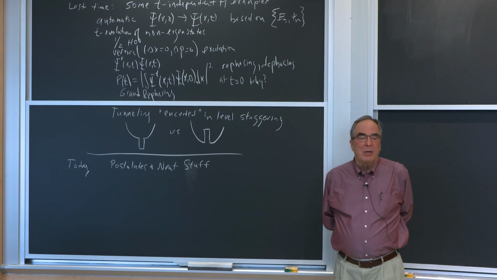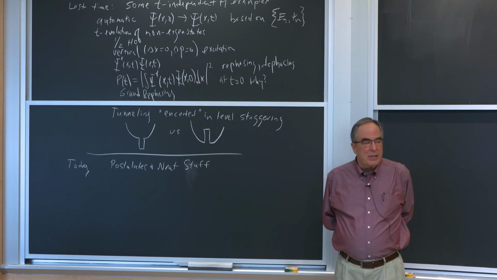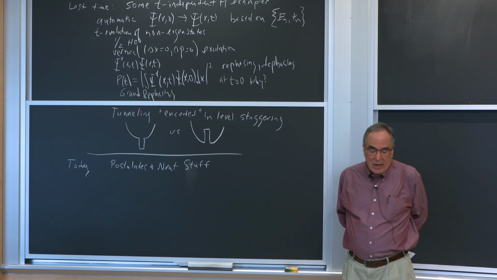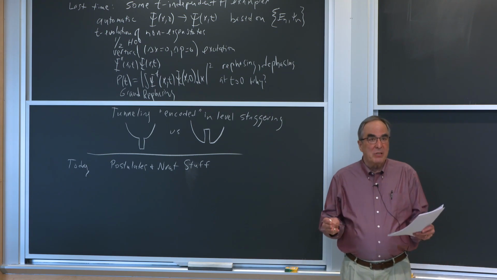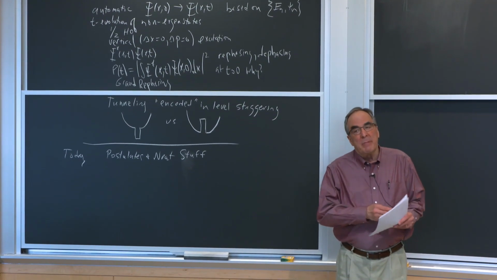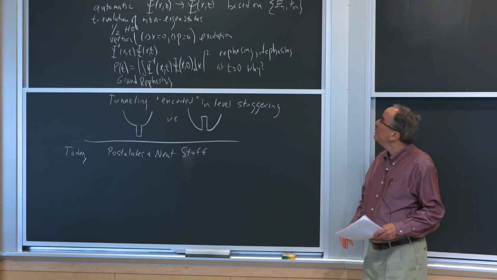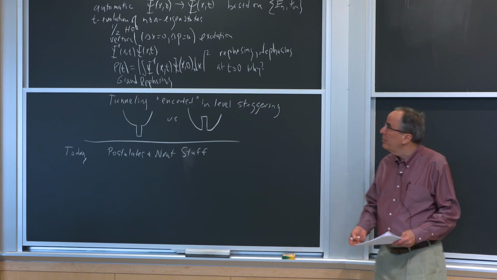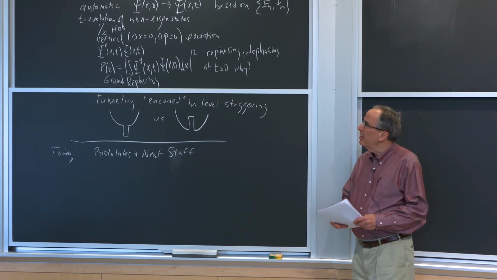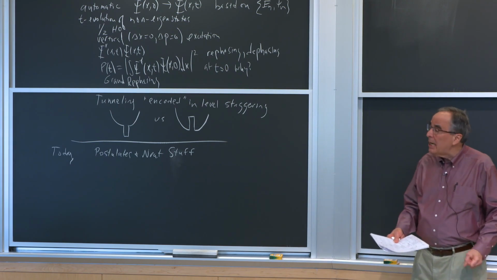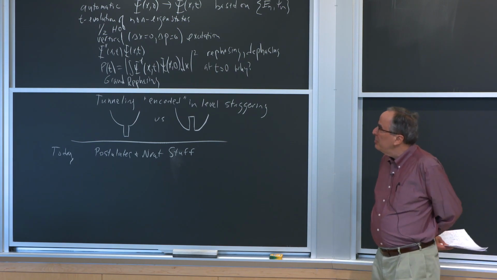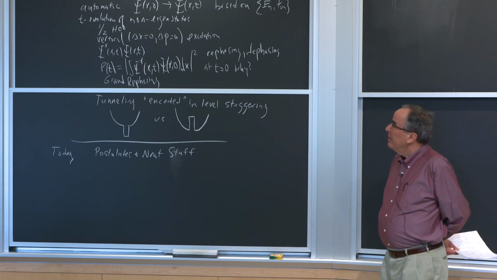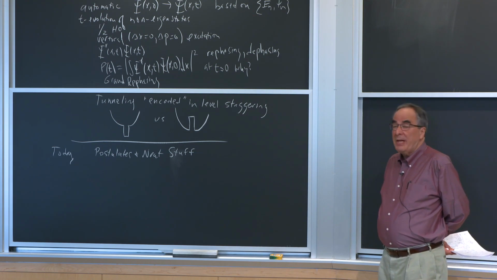When you're doing time-dependent problems for a time-independent Hamiltonian, you always start with the form of the wave function at t equals 0 and extend it, using the fact that you have a complete set of eigenfunctions of the time-independent Hamiltonian, to the time-dependent wave function. With the time-dependent wave function, you're able to calculate almost anything you want. And I did several examples of things that you could calculate.